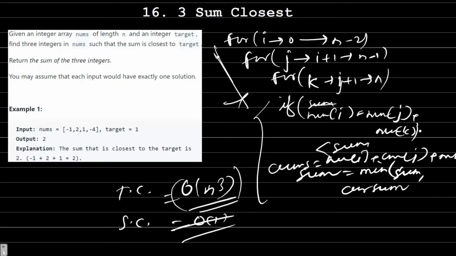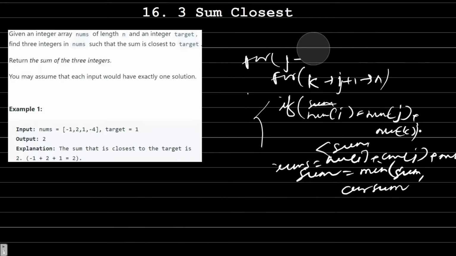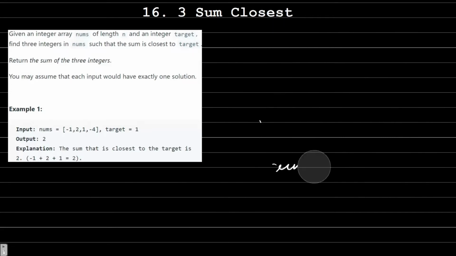We can optimize this using two pointers, as we did in our last video. The approach will be very similar, we just have to change a little bit of code. First we have to sort the array, as we did in our last video. So sort this array, which is nums.